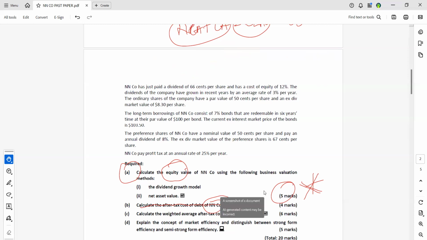So this B aspect here, which is for 4 marks, is testing your ability to calculate cost of debt using the internal rate of return method. And guys, because we have been told that the internal rate of return method is what the examiners like, why don't you master it before you go to the exams hall? With this one also, you are not going to just go and sit down and write the exams.